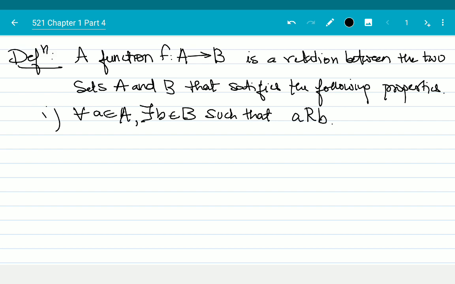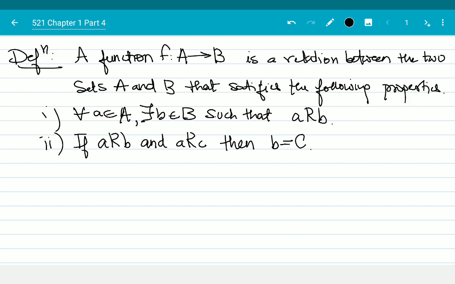Okay, so for every element of A, we should have some element of B that is related to a. And second, if a R b and a R c, then b is equal to c. That is to say, the image is going to be unique.